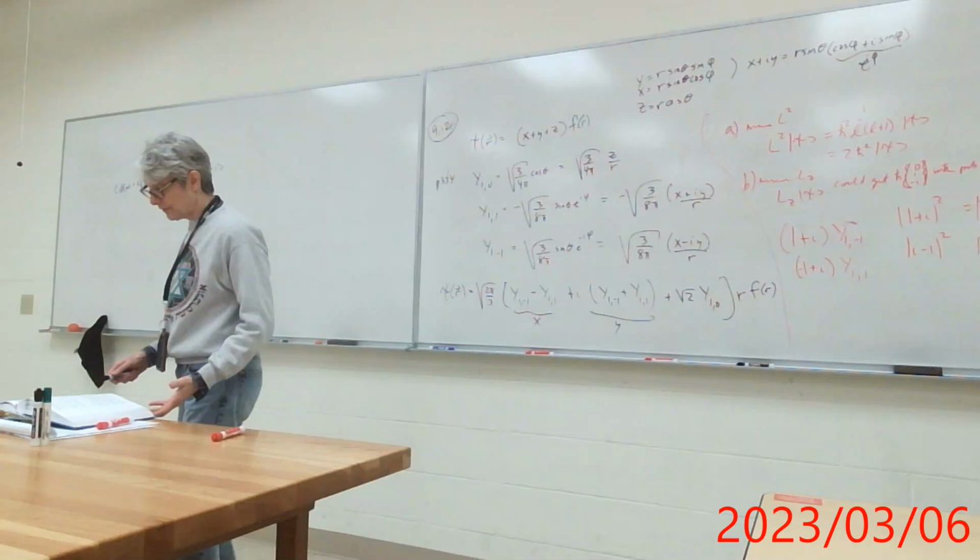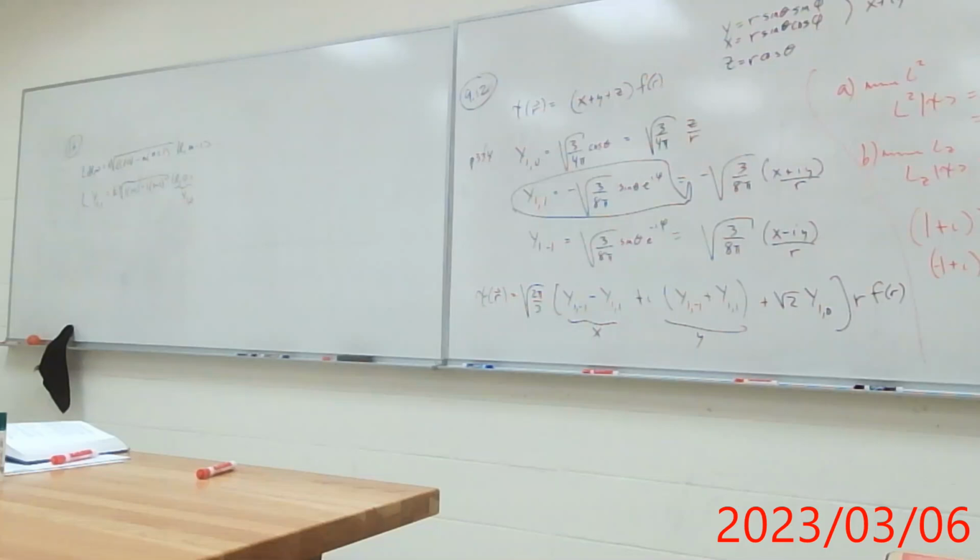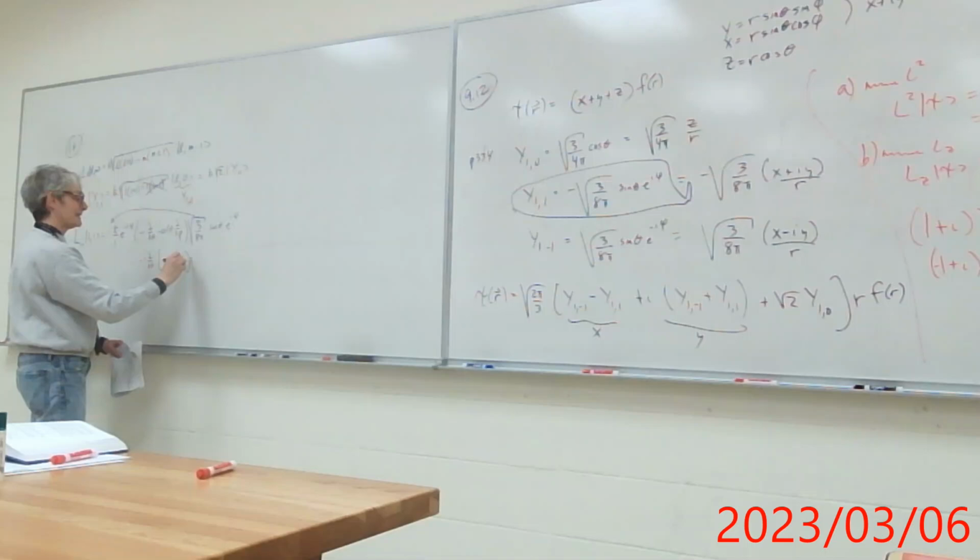And then we get the very simple thing: minus h bar squared over 2 mu, d squared dr squared, plus L times L plus 1 times h bar squared over 2 mu r squared, plus v of r. This whole thing operates on u of r, and you get finally the energy. Okay. So this is a one-dimensional Schrödinger equation.